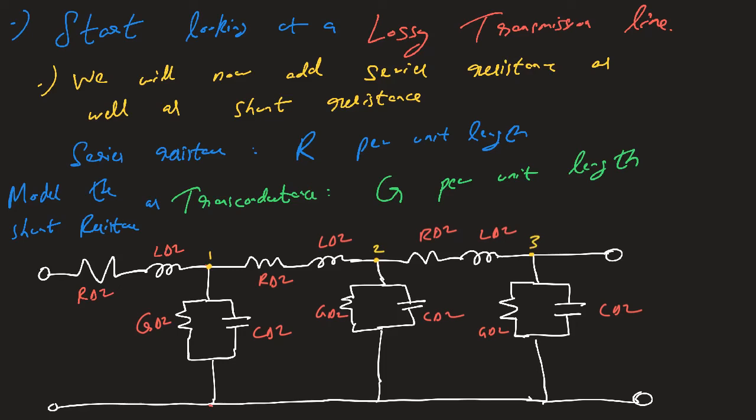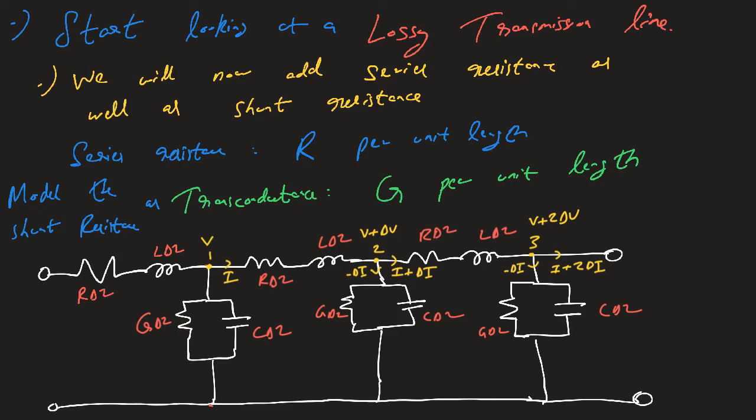Once again, the voltage at node 1 is V, the voltage at node 2 is V plus delta V, the voltage at node 3 is V plus 2 delta V. The current in this branch is I. The current in this branch is I plus delta I, and the current coming out of the third node is I plus 2 delta I. The amount of current flowing there is minus delta I, right? So on and so forth.